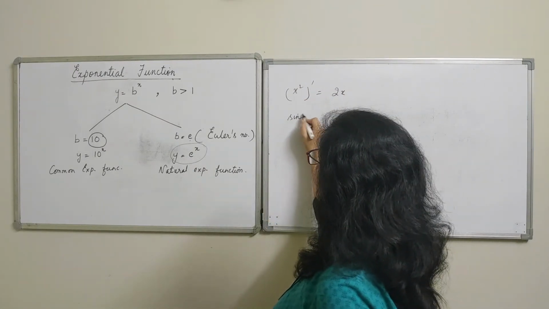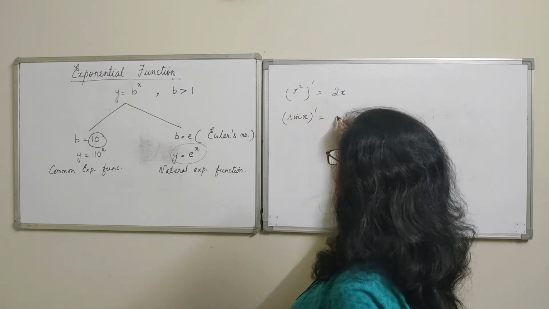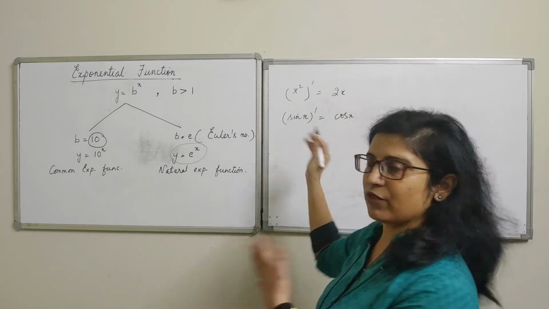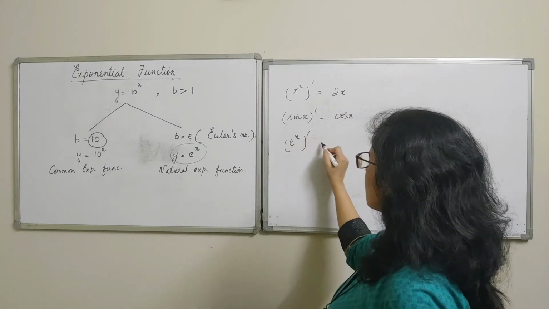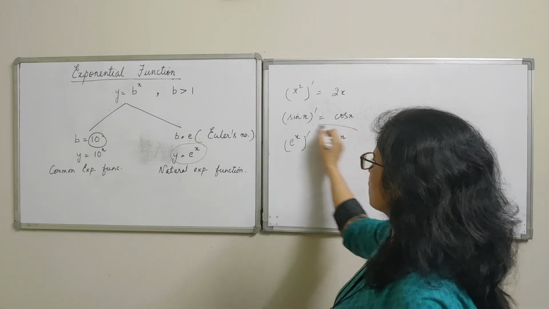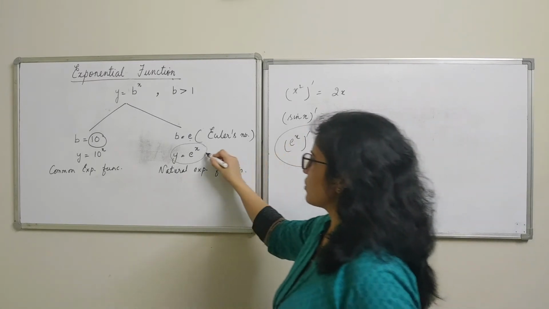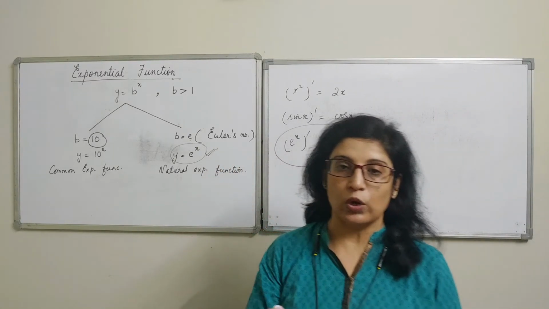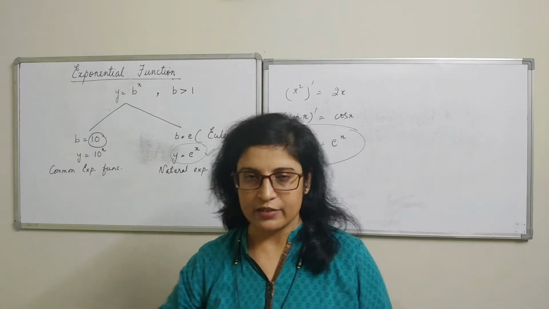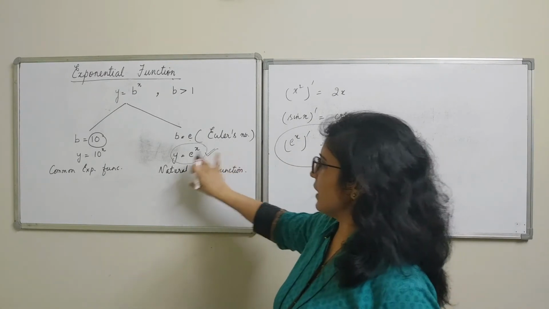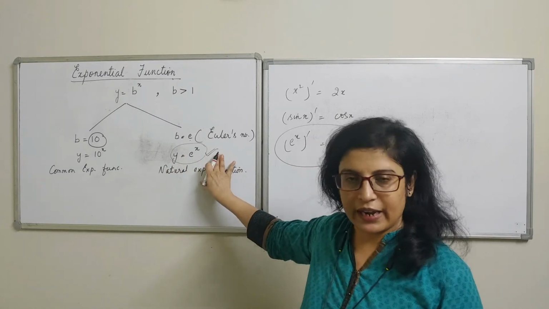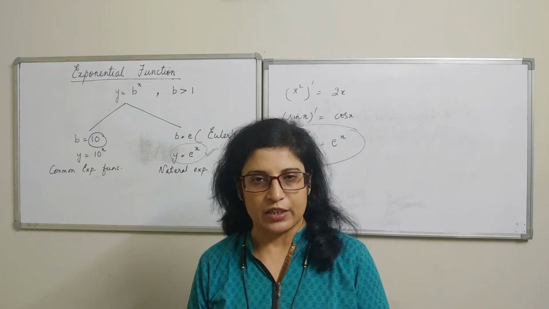You differentiate sine x with respect to x, you don't get back the same function sine x. But when you differentiate e to the power x, you get back the same function. That is why this function plays a major role in differentiation. And hence, whenever we refer to the exponential function, we mean that y is equal to e to the power x. This is the standard exponential function.